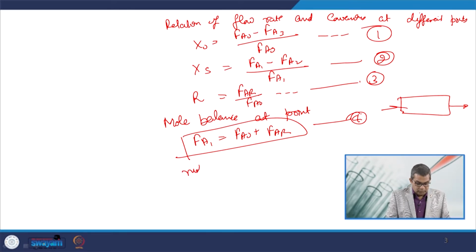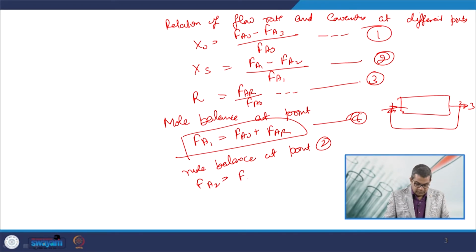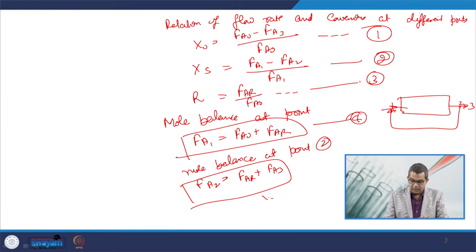So, mole balance at point 2, that is this point 2, can be written as FA2 equal to FAR plus FA3. So, this is my equation number 5.